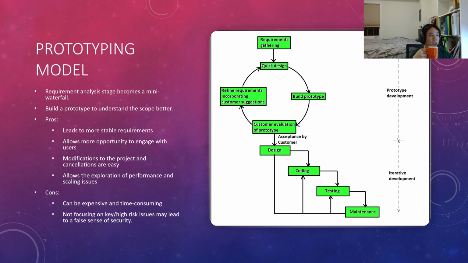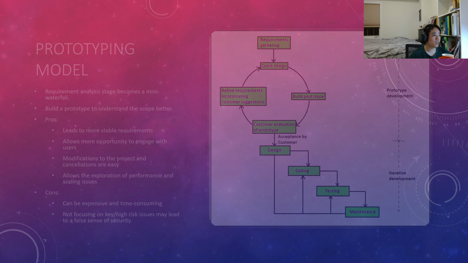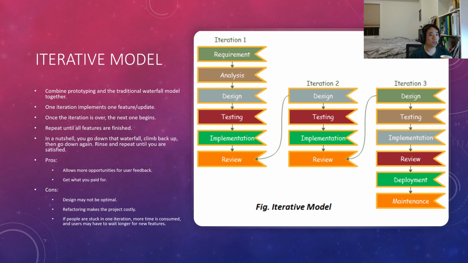So you may have a false sense of security, and once you make the final system, you may miss some potential vulnerabilities, and bad actors will just run your entire system into the ground. Okay, so we have the prototyping model.